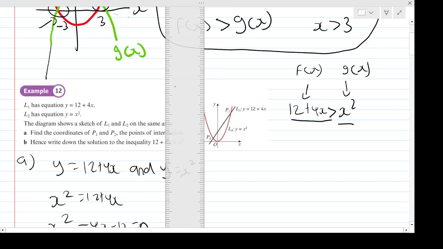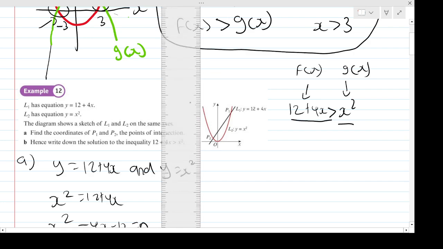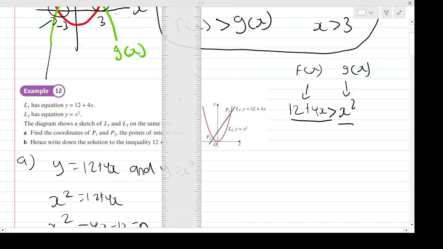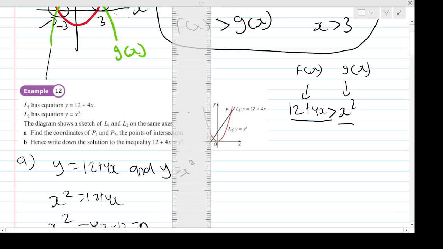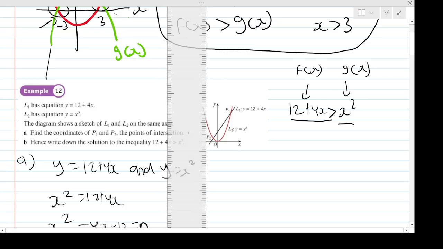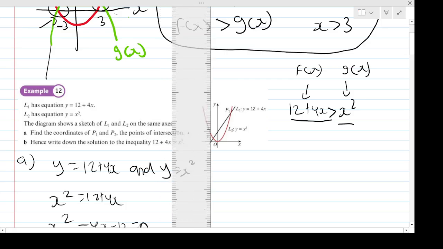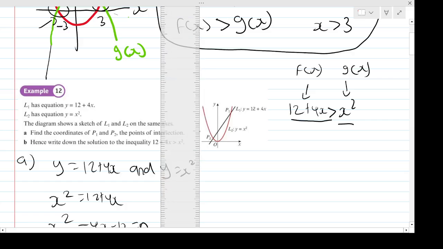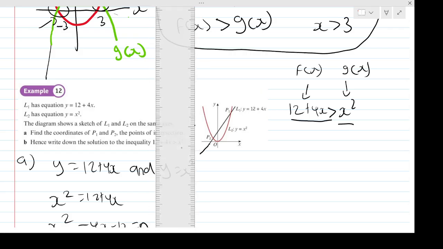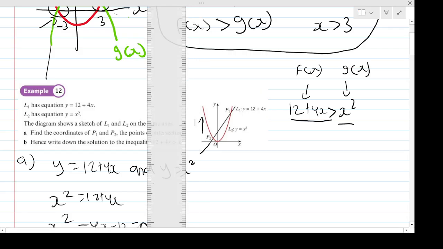So let's go from left to right and see when the line is above the curve, the quadratic. Before we get to this first point, P2, right here, if we continue the line like that, hopefully you see that the curve will always be above the line.